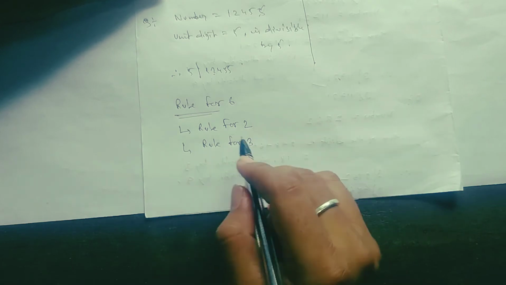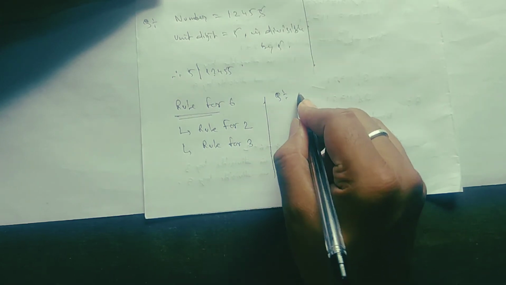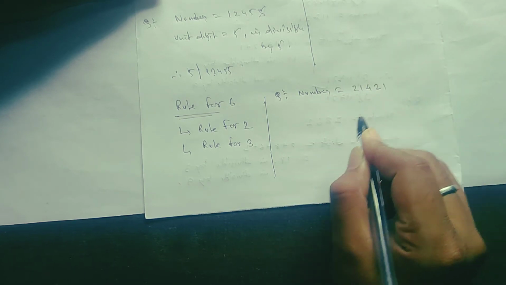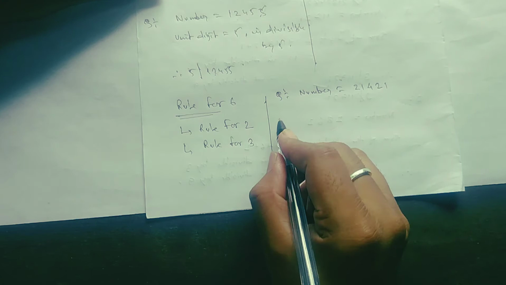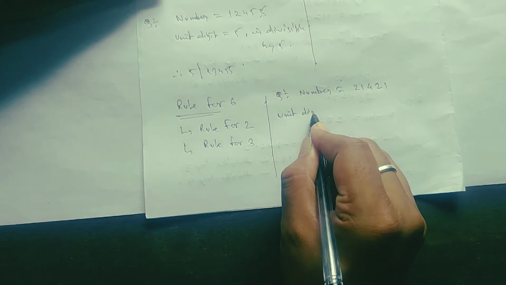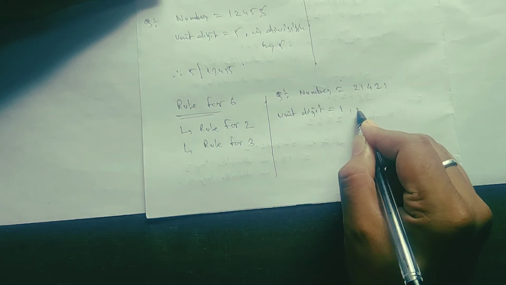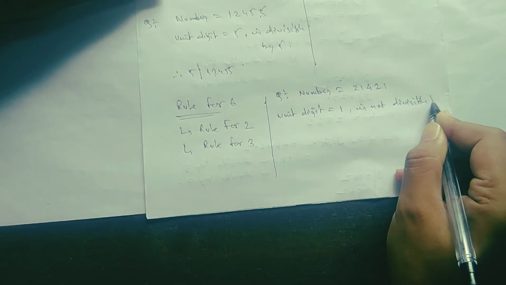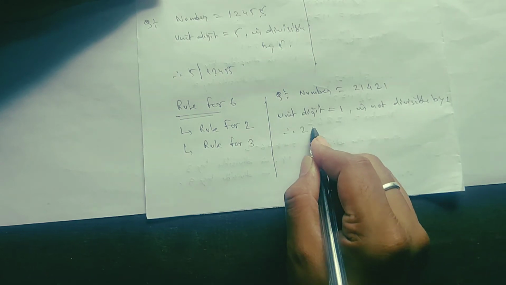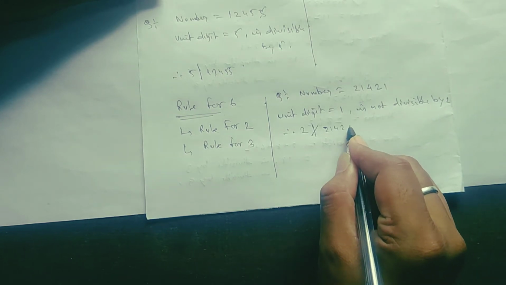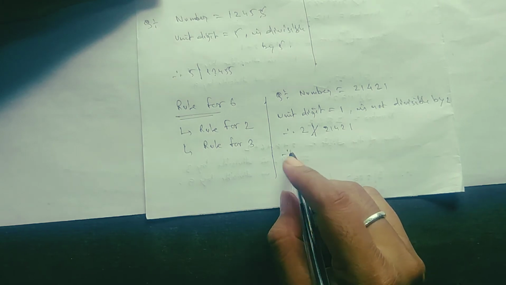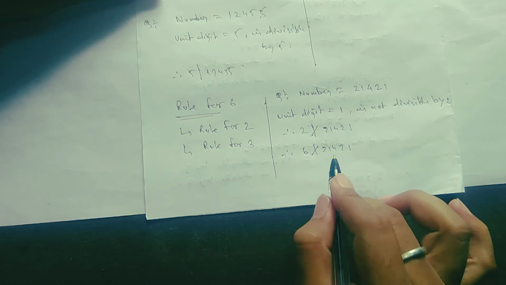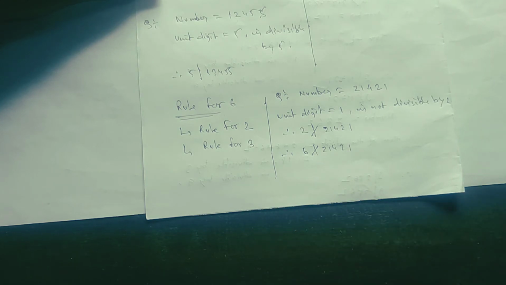If I go for the number 21421, and you look at the unit digit, what is it? 1 is not divisible by 2. Therefore 2 does not divide 21421. Therefore you directly say that 6 does not divide 21421.